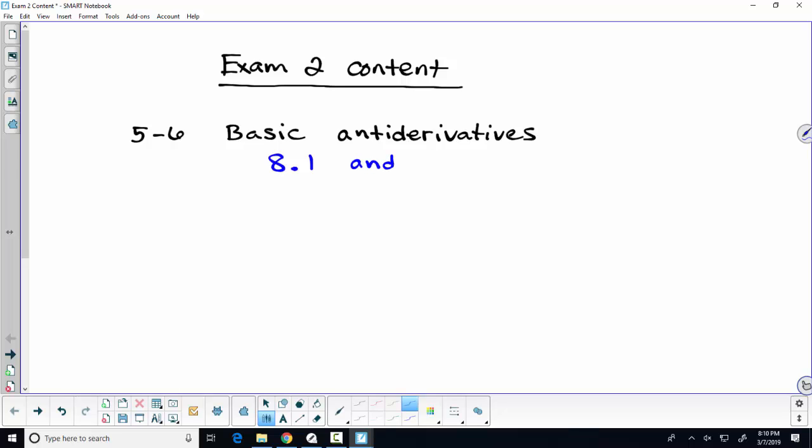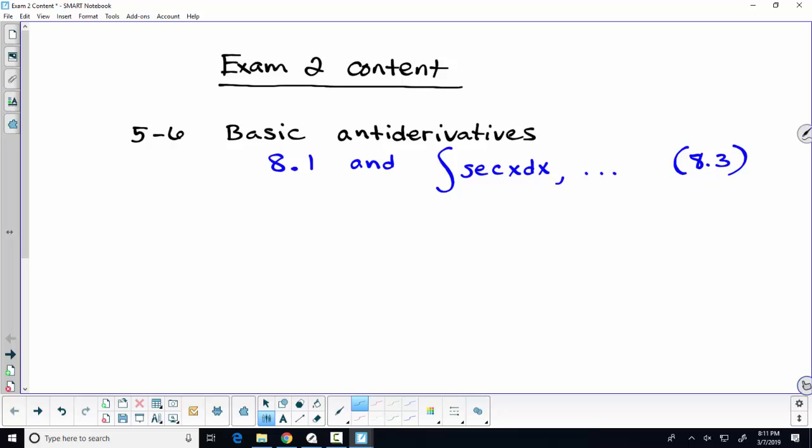Honestly, you should know the antiderivatives of all 6 trig functions. So the antiderivative of secant, those other ones that we looked at in 8.3. I'm still used to the old textbook. So 5 or 6 basic ones.